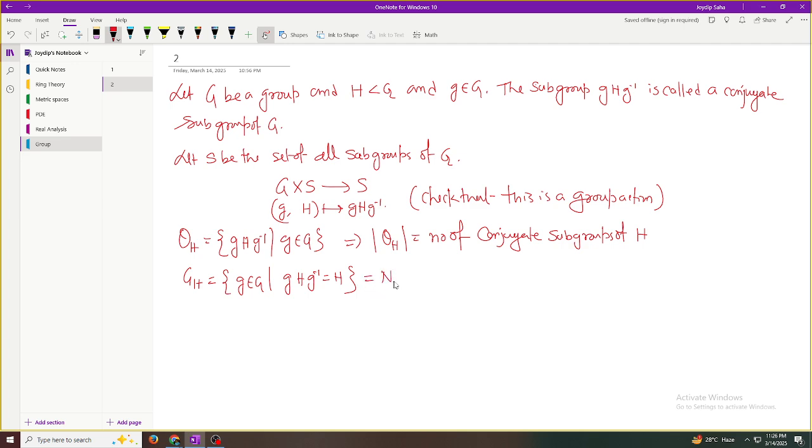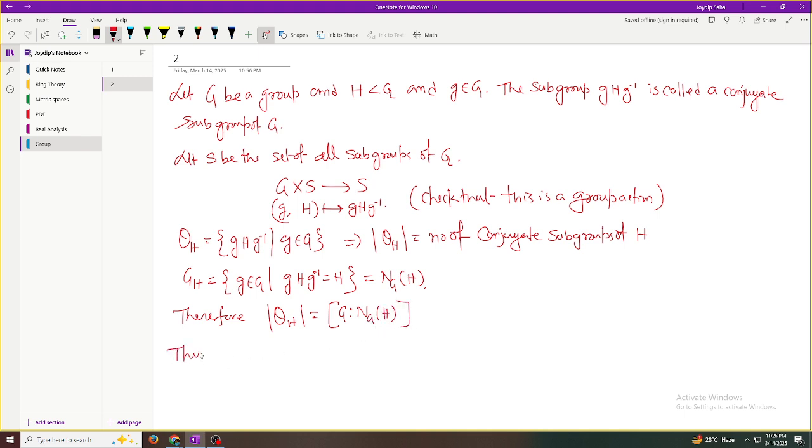Normalizer of H. Therefore the cardinality of OH equals to the index of N_G(H).